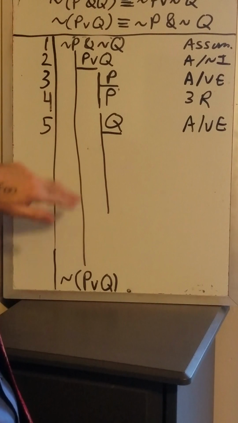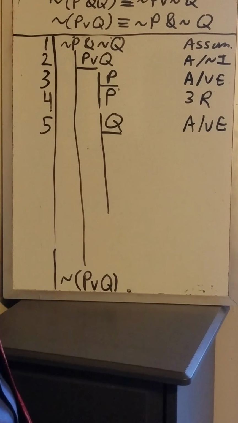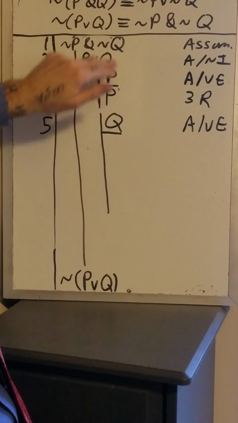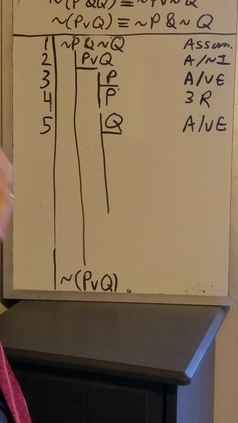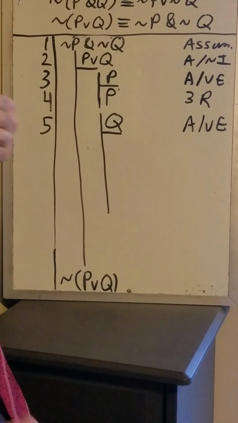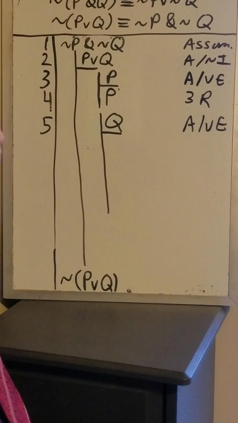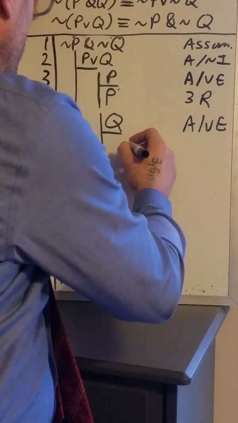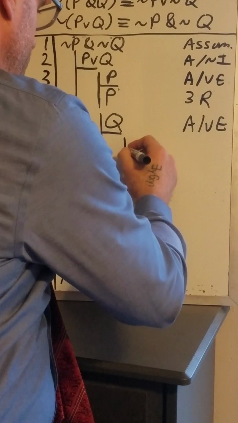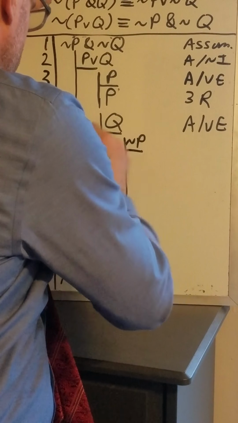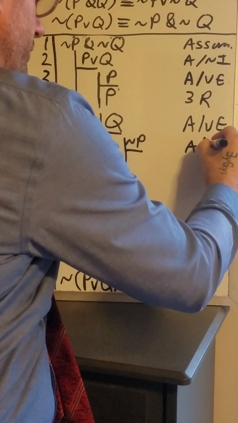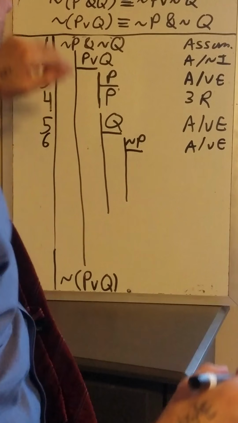Now what we're trying to do is establish that we can get P from here, and we can get P because we have a contradiction, right? Remember, when we already have a contradiction, if we're trying to establish something from that contradiction, we assume the opposite of what it is we're trying to prove. So let's assume not P for purposes of disjunction elimination.